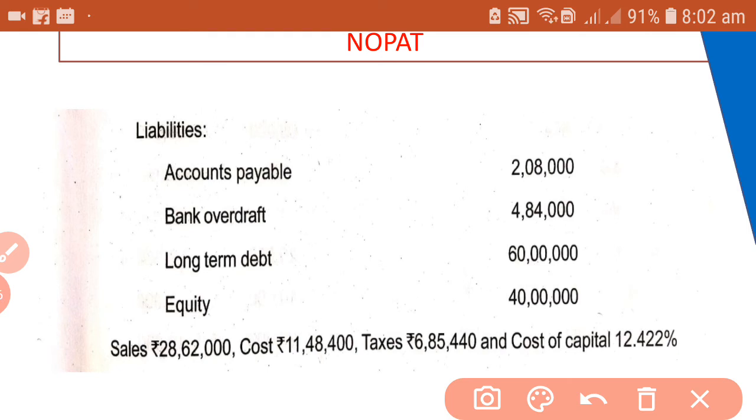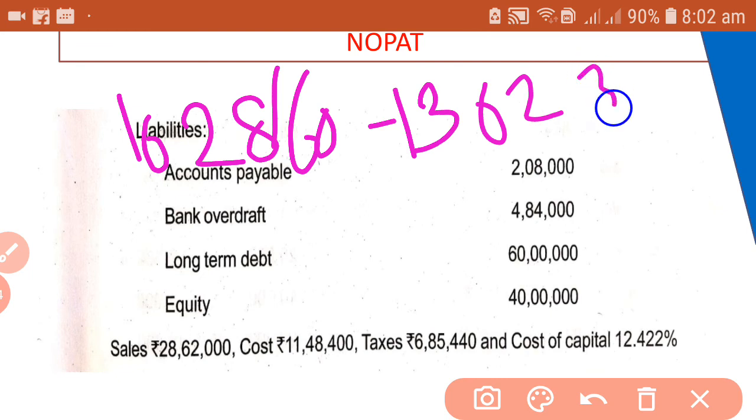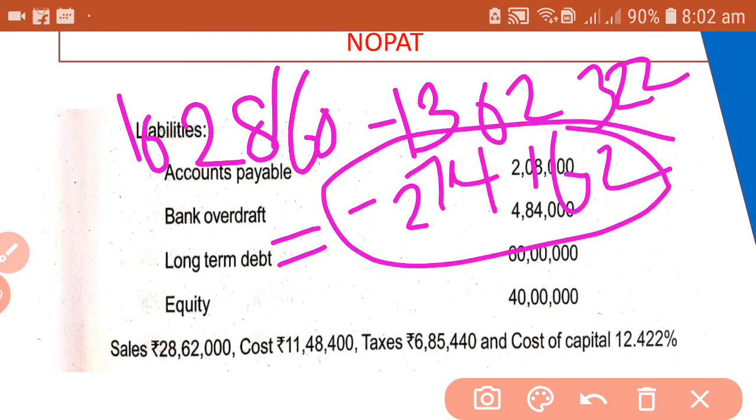So when we get these amounts, we will get the result as 10 lakhs 28,160 minus the cost at 12%, which is 13 lakhs 2,322. When we find the difference, it will be minus 2,74,162.